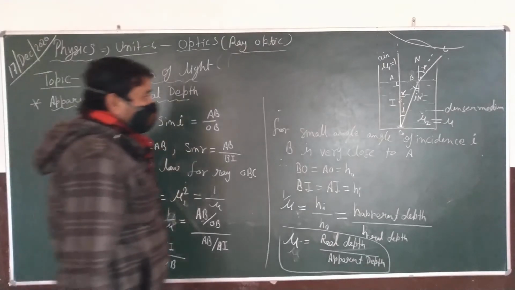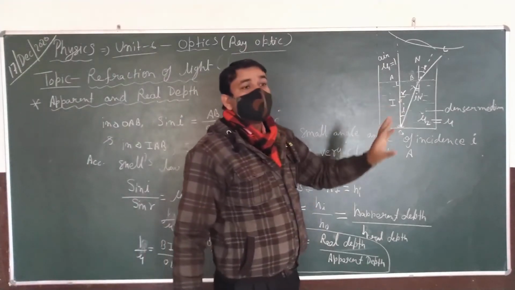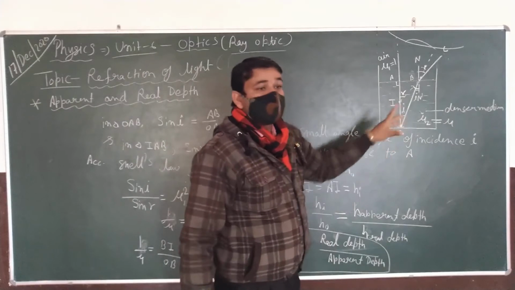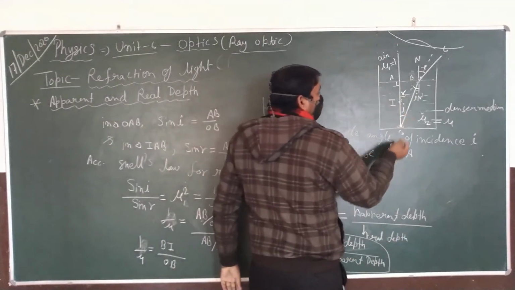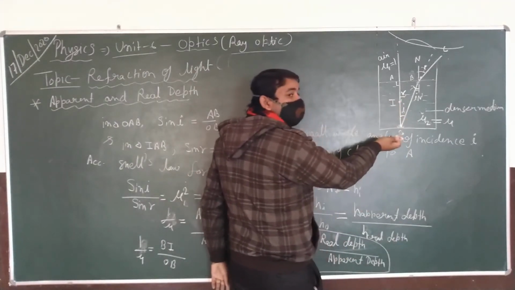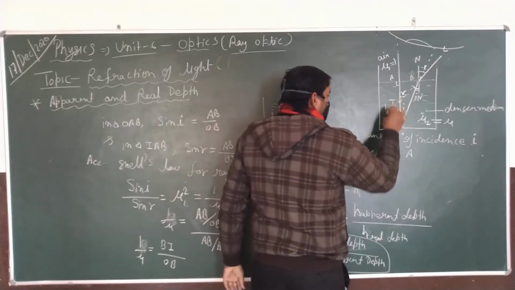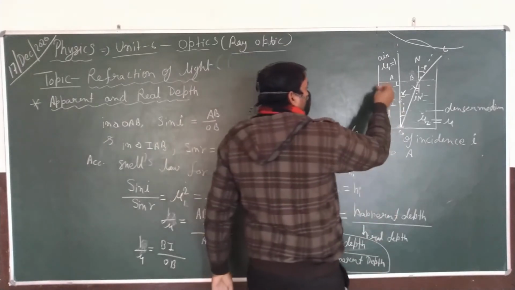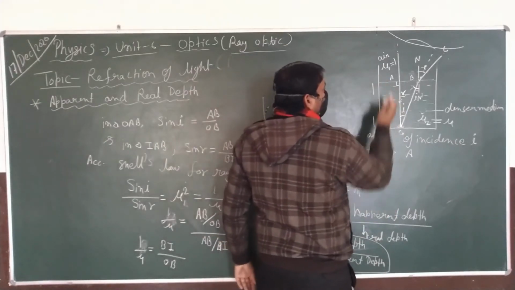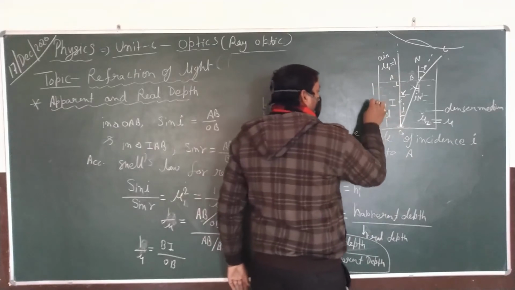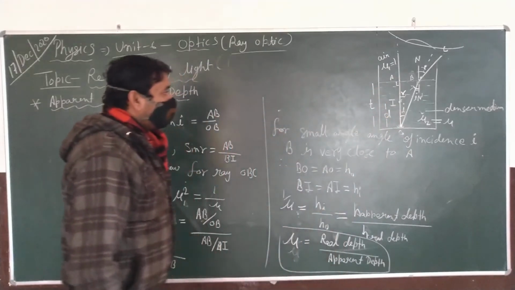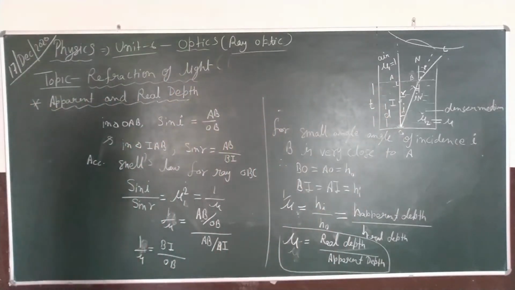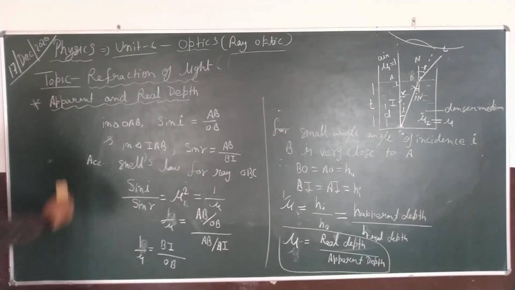Now, here we find that there should be an apparent shift. Apparent shift is the distance between the object and image. If this result is d, and the total length of the liquid is t, therefore, just note it down.